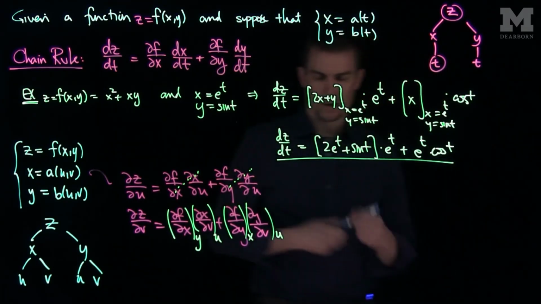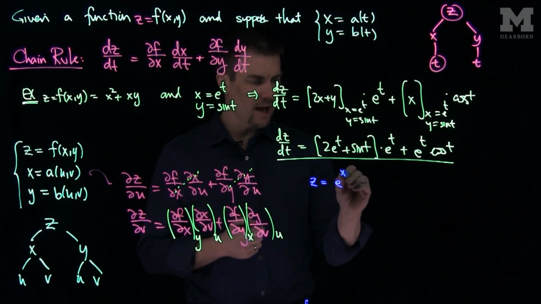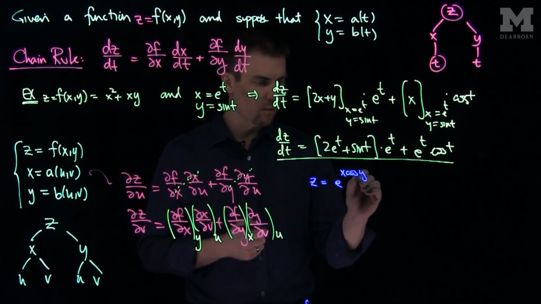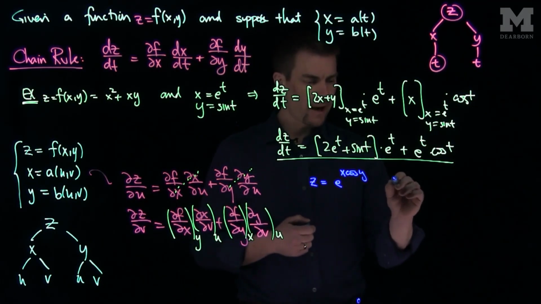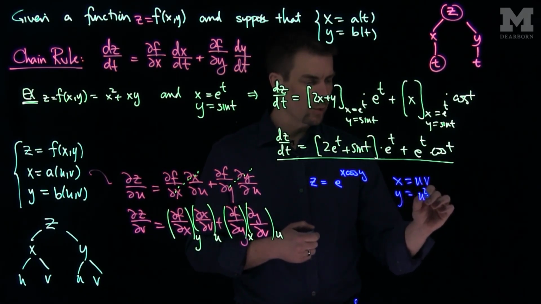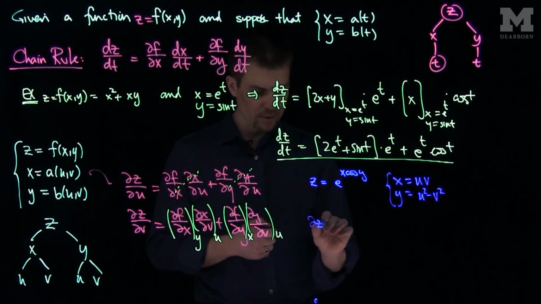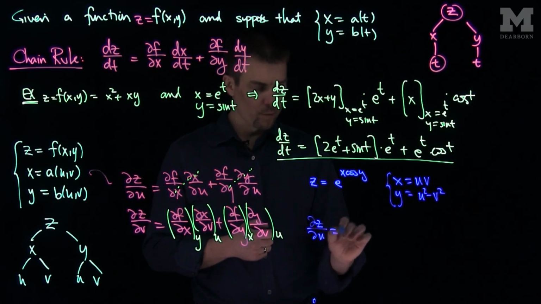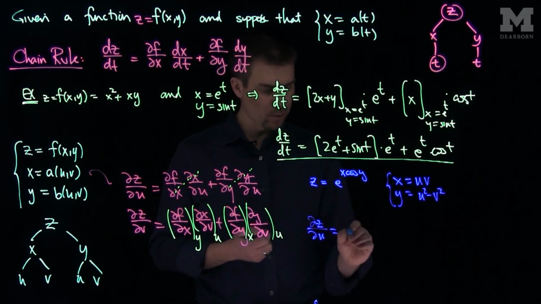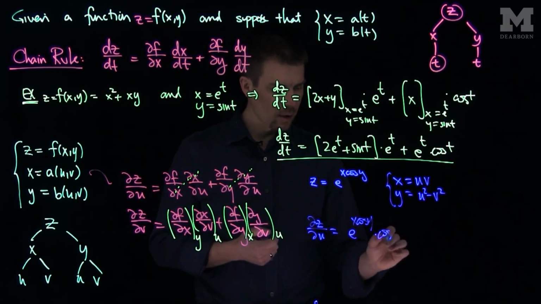So if our function z was equal to e to the x times the cosine of y, and if x was equal to u times v, and if y was equal to u squared minus v squared, then what would dz du be, for example? Dz du would be dz dx, which will be e to the x cosine y times cosine y.